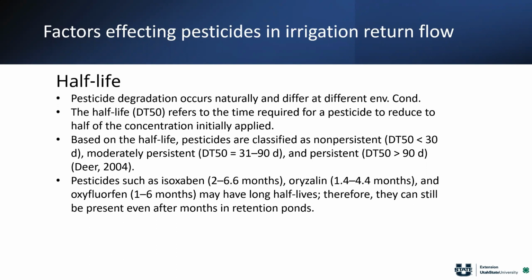As we all know, materials and elements degrade, and pesticides made of different elements and compounds degrade naturally. The degradation is facilitated by sunlight, microbial degradation, temperature, and a lot of biological activity. This differs in different environments.